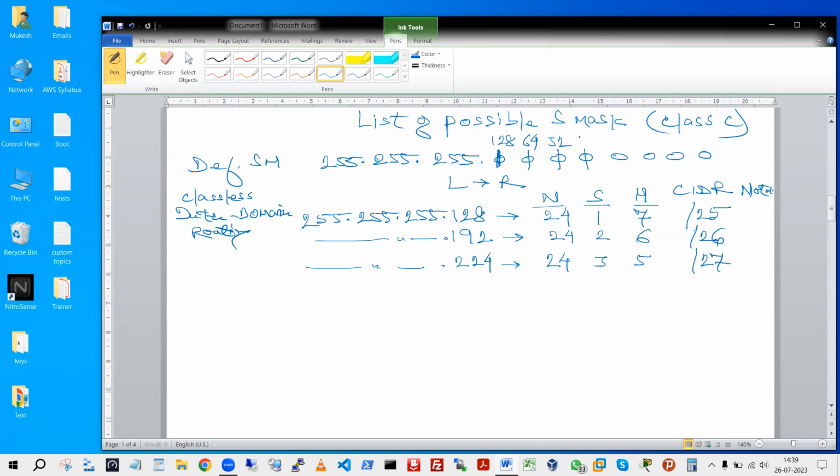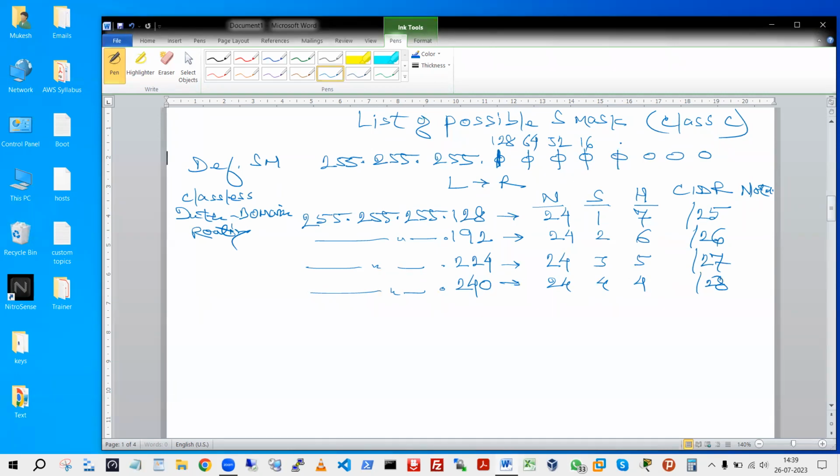One more bit, meaning plus 16. Plus 16, the mask becomes 240, meaning 24, 4 borrowed, 4 host, /28.